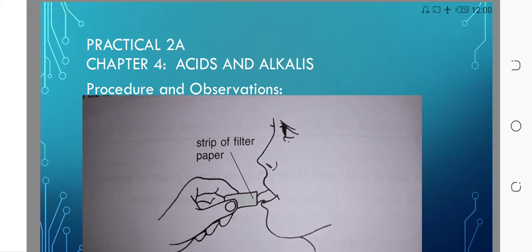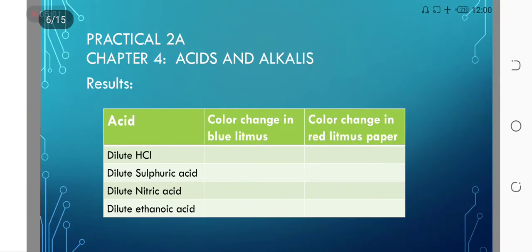Now come towards, dear students, the results of activity number 1 that we have discussed. The results are the color change in the blue litmus paper and the color change in the red litmus paper. We have performed the same experiment with sulfuric acid and nitric acid.